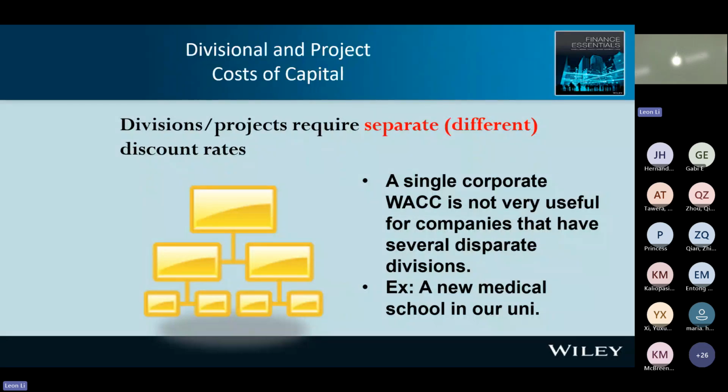Like here, I give you an example: our new medical school is a new project, right? So when they do the NPV, they may consider our current capital structure, our current cost of debt, our current cost of equity, and the current weights. But for the new medical school, I think we cannot use the same weighted average cost of capital, right? Because they might have different risk, right? And a different financing mix, right?